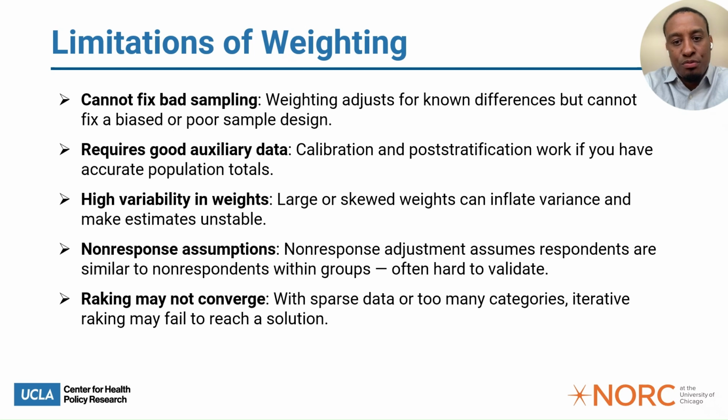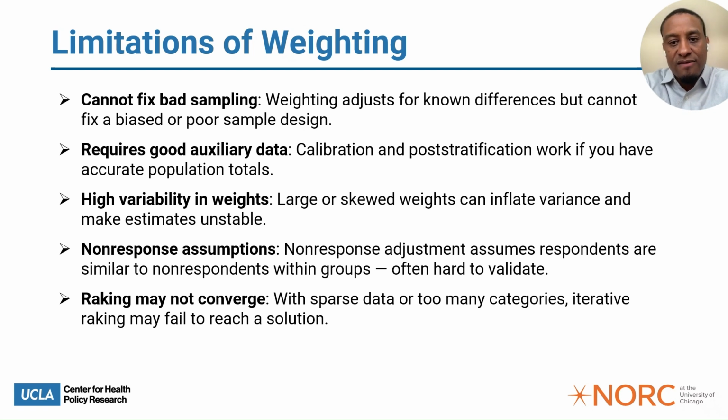It is important to be aware of the limitations of weighting. It is a powerful tool, but not a magic bullet. Weighting cannot fix a fundamentally bad sample. It adjusts for known differences between the sample and population, but it cannot rescue biased design or poor data collection practices.